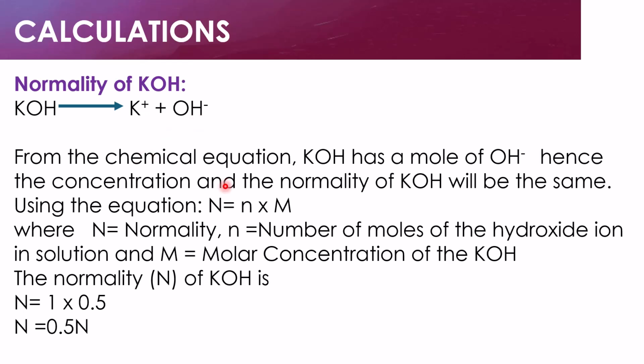Hence, the concentration and the normality of potassium hydroxide will be the same. Using the equation given earlier, where N is the normality, small n is the number of moles of the hydroxide ions in solution, and big M is the molar concentration of the potassium hydroxide, we can say that the normality of the potassium hydroxide will be equal to 1 times the 0.5 over here. Hence, our normality for the potassium hydroxide is 0.5 normal.